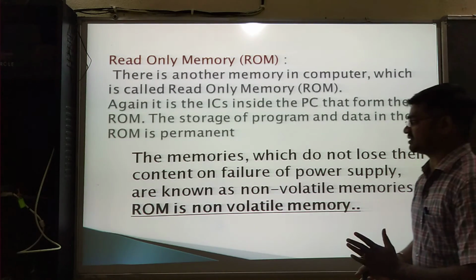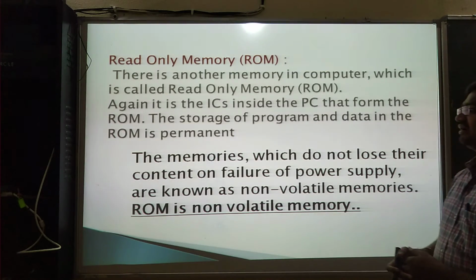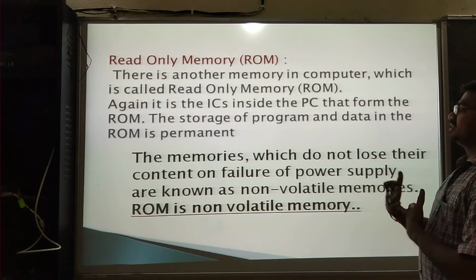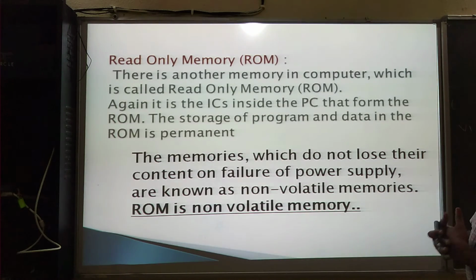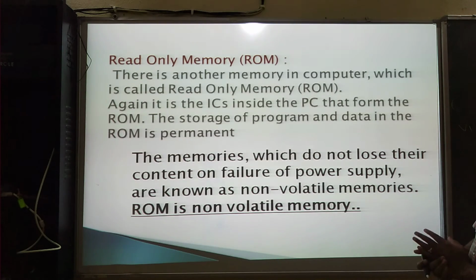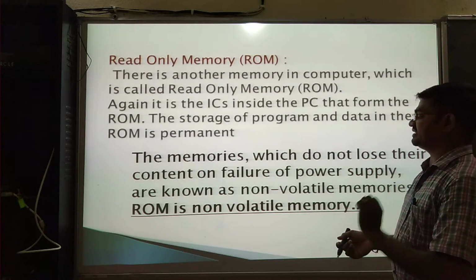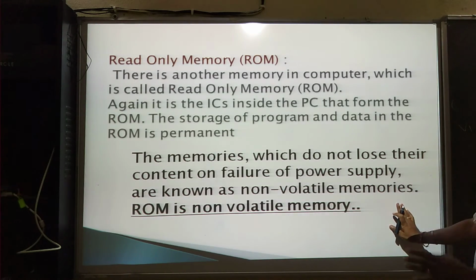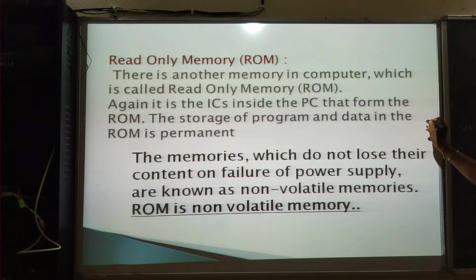So ROM is non-volatile memory, because when the system loses power, the memory is not lost. RAM and ROM are primary storage devices. RAM is volatile memory, ROM is non-volatile memory.